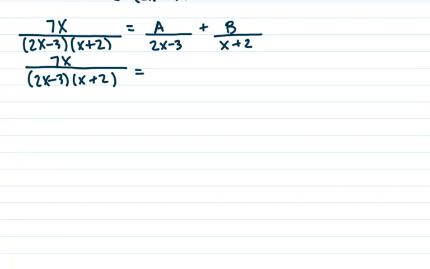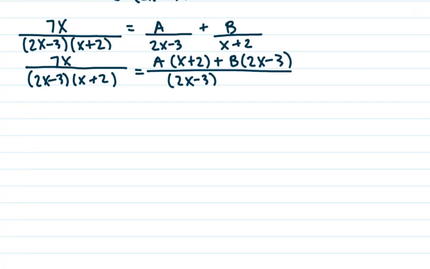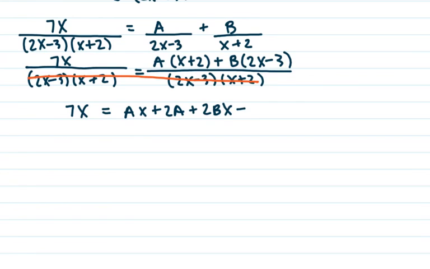So we're going to end up with that loveliness. And now we have the same denominator on both sides, so I'm going to go ahead and get rid of that part and focus on the numerator. So I'm going to get Ax plus 2A plus 2Bx minus 3B.